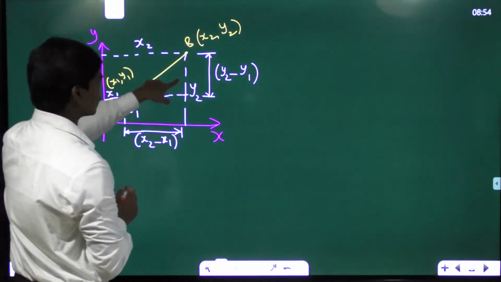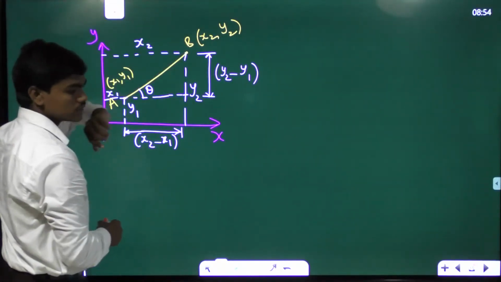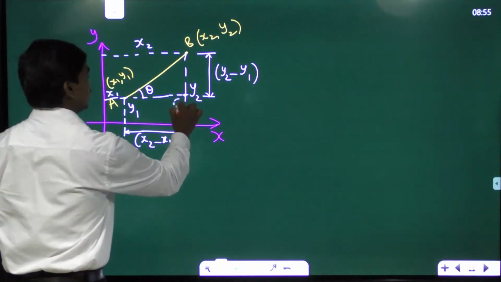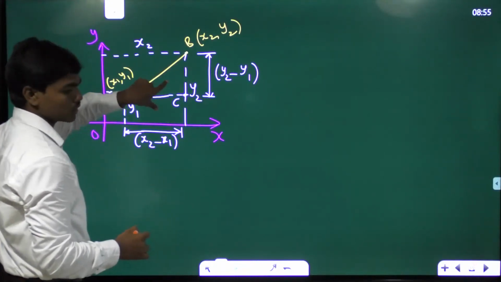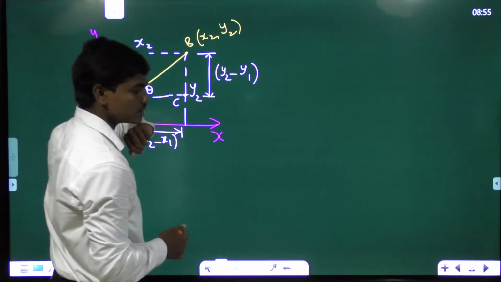What is tan theta from this triangle? This length is y2 minus y1 and this length is x2 minus x1. What is tan theta from this particular triangle AB, and let us suppose I have named it C. From triangle ABC, what's the tan theta value? y2 minus y1 by x2 minus x1.